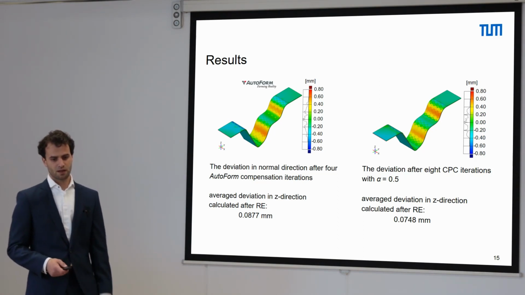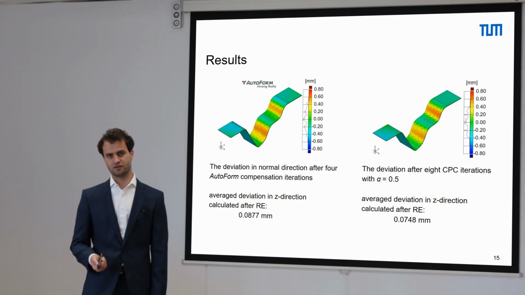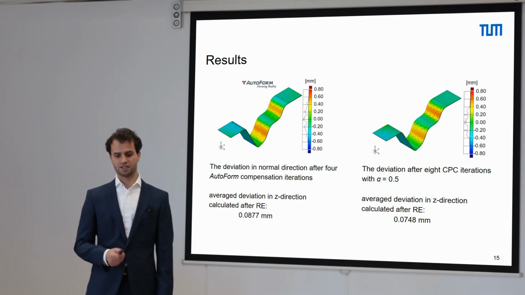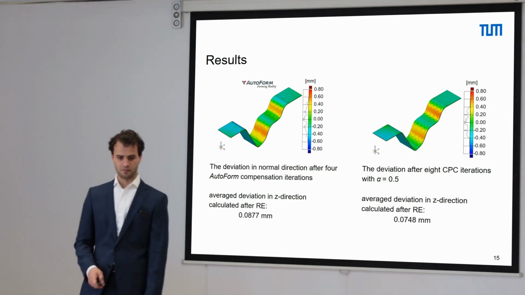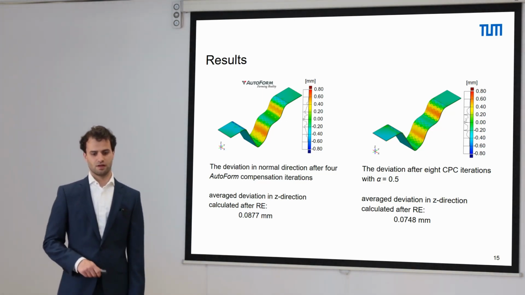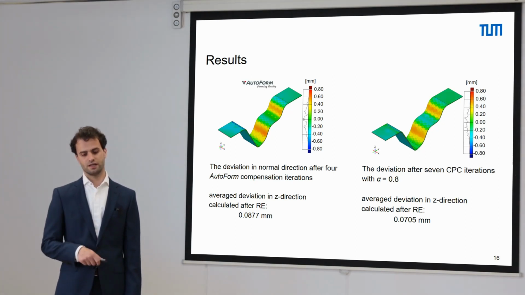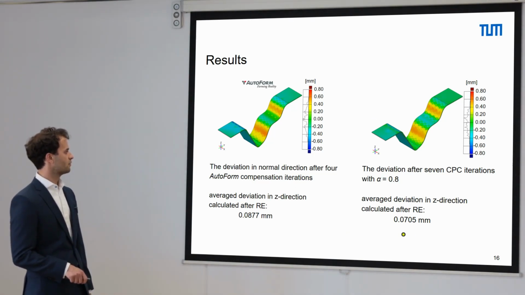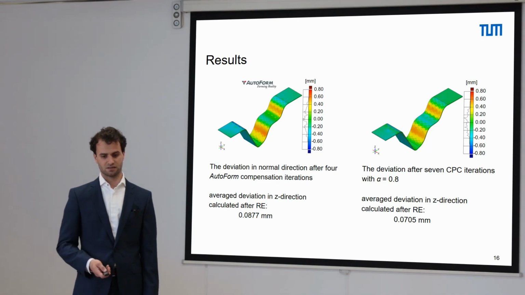And within 8 control point compensation iterations with alpha equal to 0.5, we have a deviation of 0.0748 millimeters. Compared to this, our control point compensation with alpha equal to 0.8 gives even less deviation in Z direction with 0.0705 millimeters, which was the best result in this investigation.